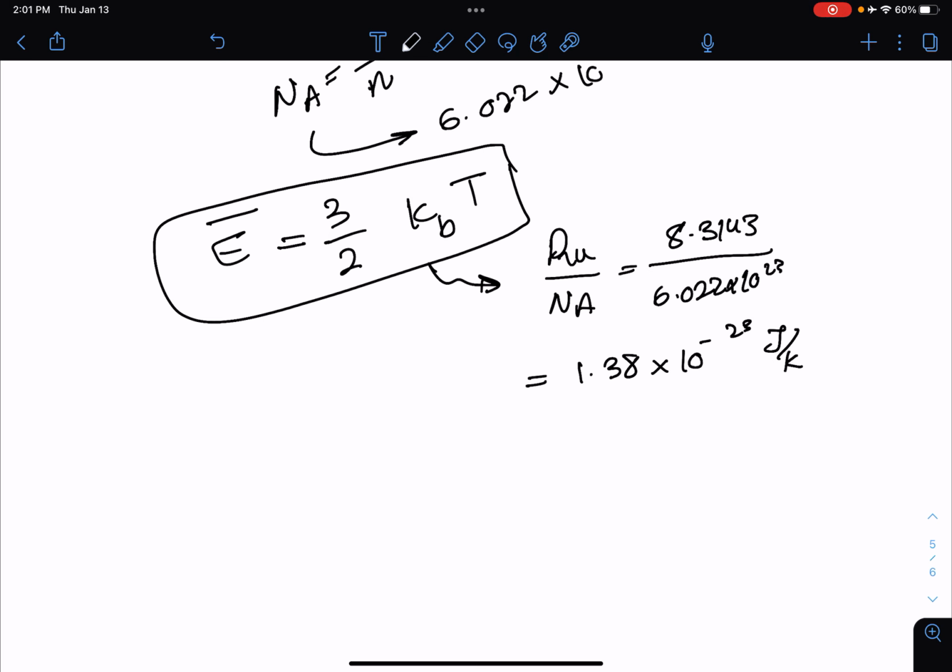This is the average kinetic energy of a molecule. Okay? How can we relate this to internal energy?